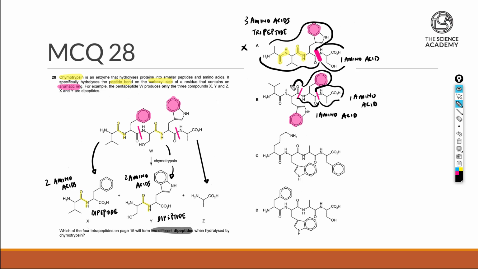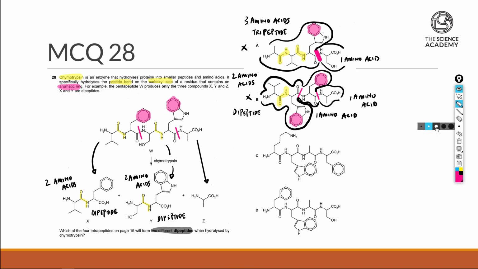And the final residue on the leftmost side has one peptide bond that's left behind, which means that it's made up of two amino acids. And that means that we do have a dipeptide. Now, however, we want two dipeptides to be formed, so B is out from that.